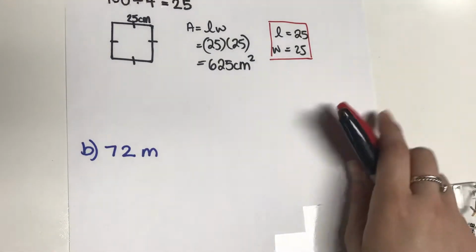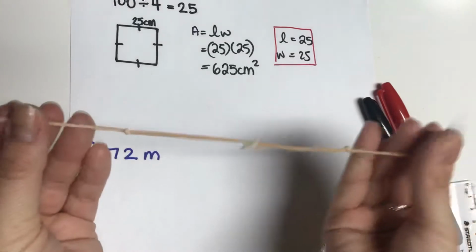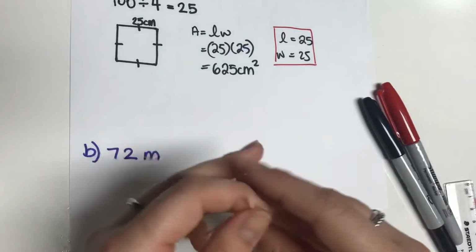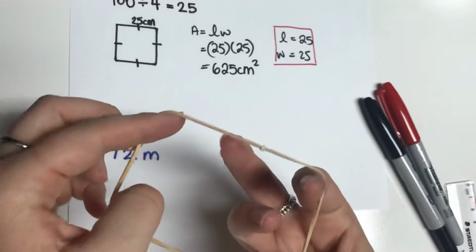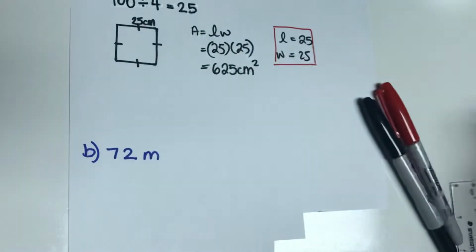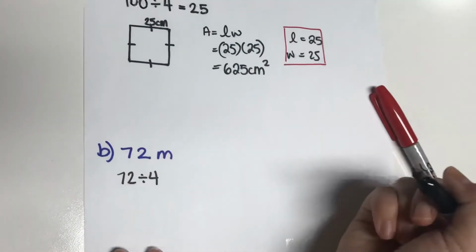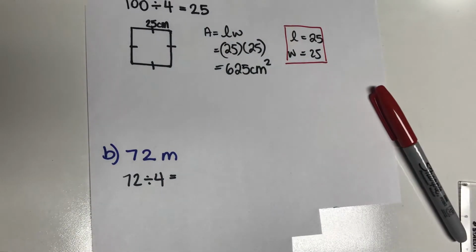Same thing with B. This time my string is 72 centimeters. So I'm taking that 72 and dividing it into 4 equal pieces in order to make my square. 72 divided by 4 gives me 18, I think.